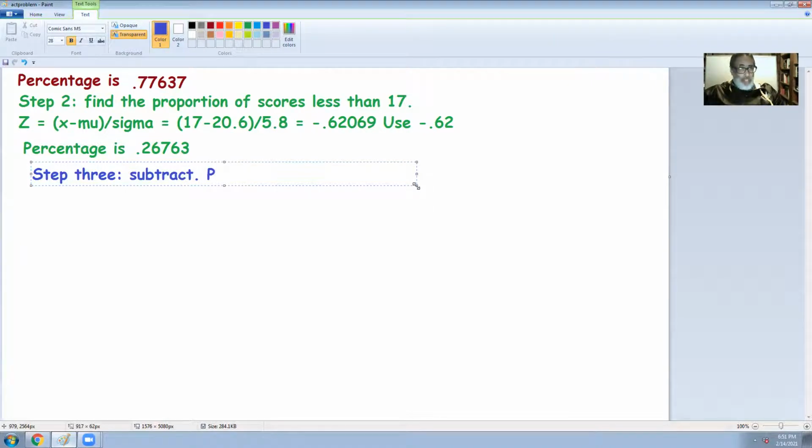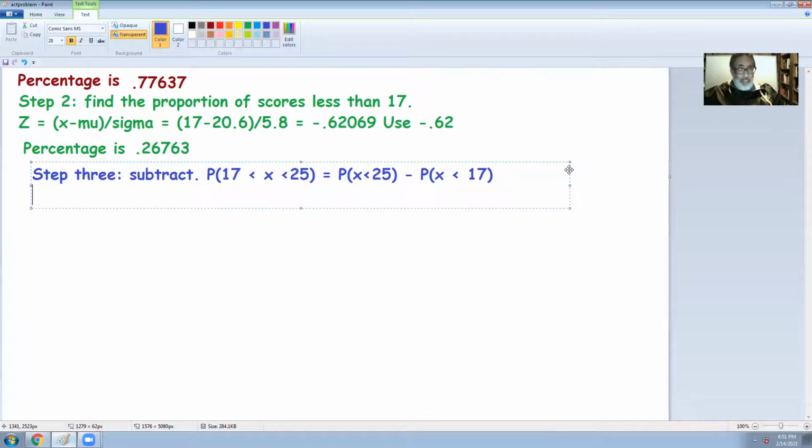The probability or the percentage of scores between 17 and 25 will equal the probability that the score is less than 25 minus the probability that the score is less than 17.